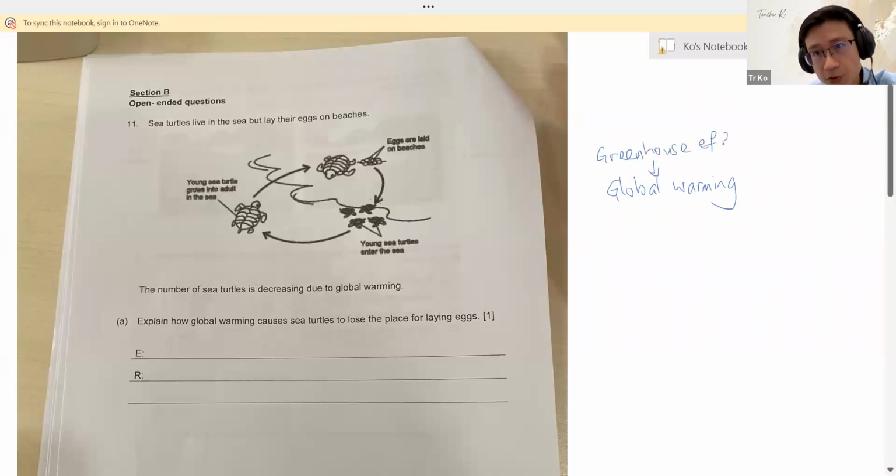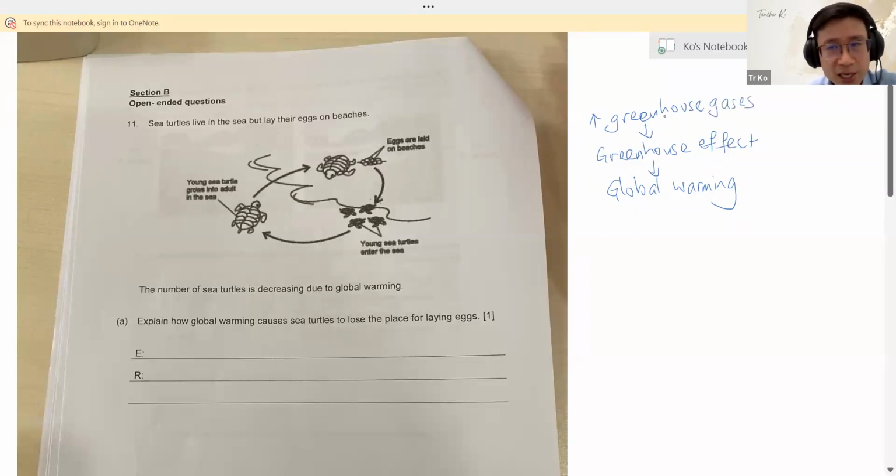And what is the greenhouse effect? It's basically caused by a lot of carbon dioxide buildup in our surrounding air. This is an increase in the greenhouse gases, right? And the greenhouse gas we only need to know is carbon dioxide.